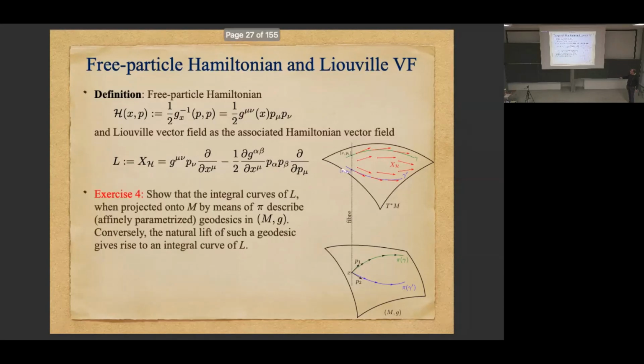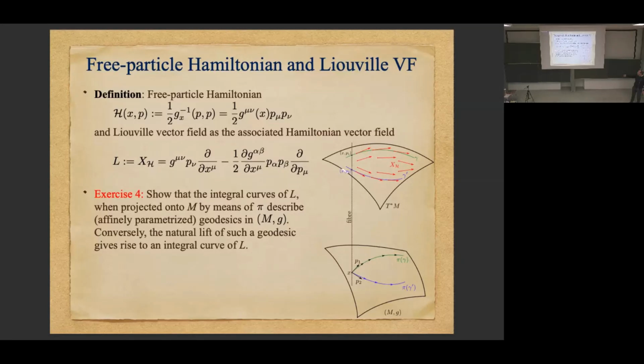The next exercise is to show that the integral curves of L, which are integral curves on the cotangent bundle, when you project them down to the manifold by means of the natural projection pi, satisfy the geodesic equation of motion for an affine parameter.